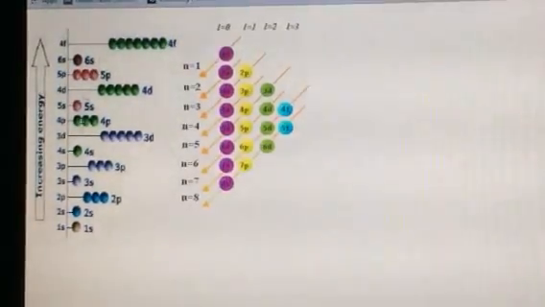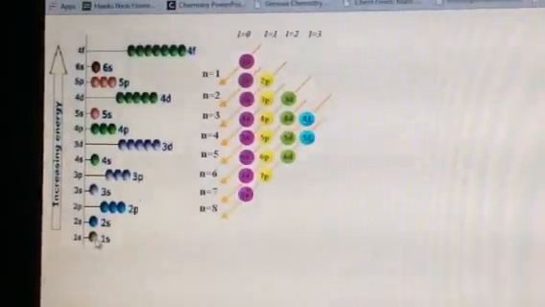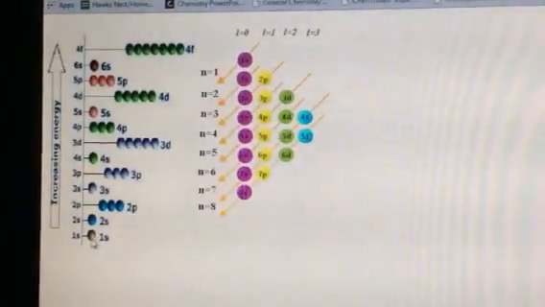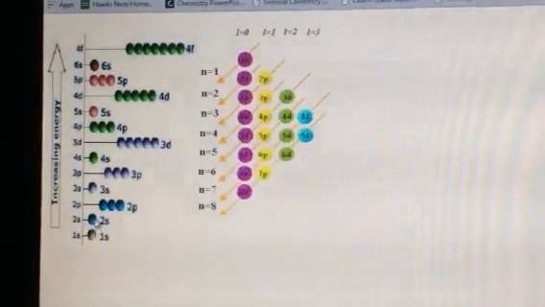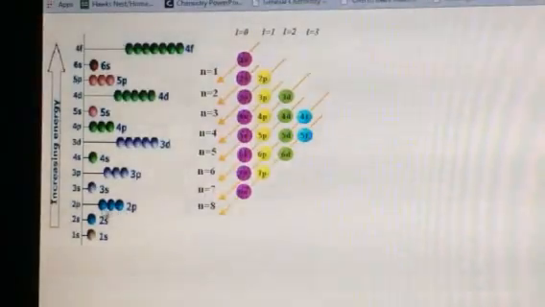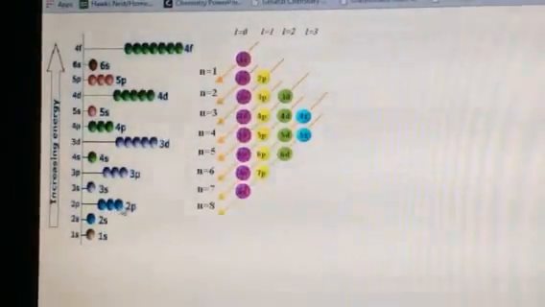On this left side, that's actually what this is showing you. This 1s orbital holds only 2 electrons. There's only one orbital, so it's 2 electrons. Again, here's the 2s orbital. That's another 2 electrons. And then you have the 2p orbitals. And p orbitals always have 3 sublevels.